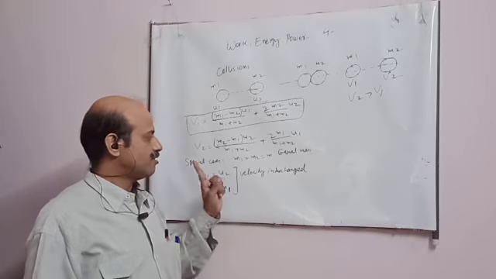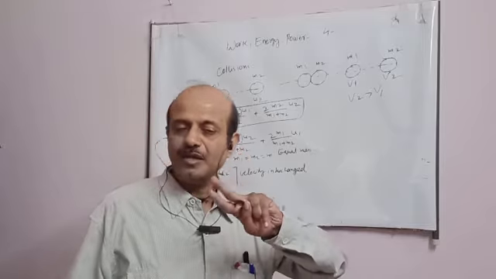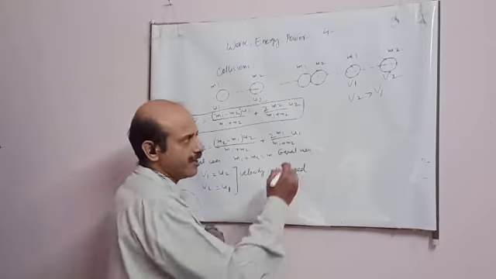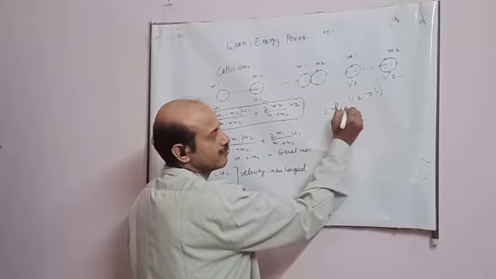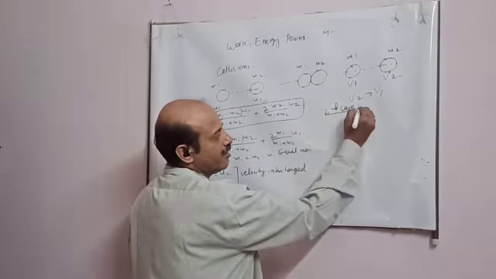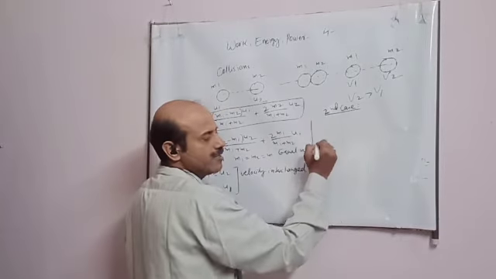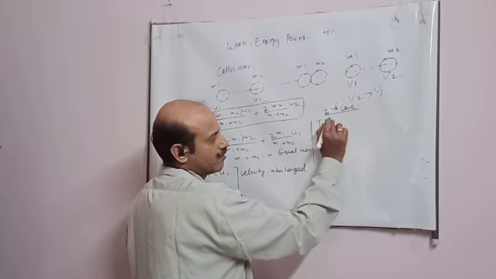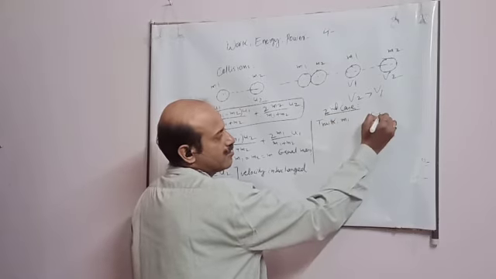So this is the first special case, when two bodies of equal mass collide, they interchange their velocity. Now student, second case. Say one is a truck and the other is a cycle.